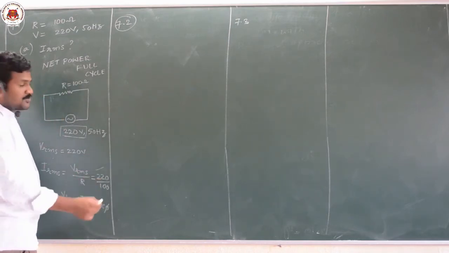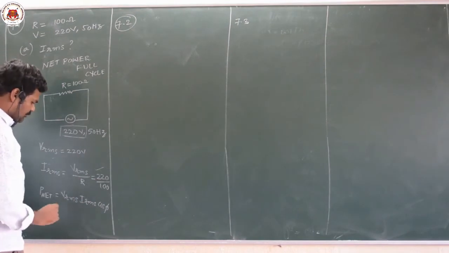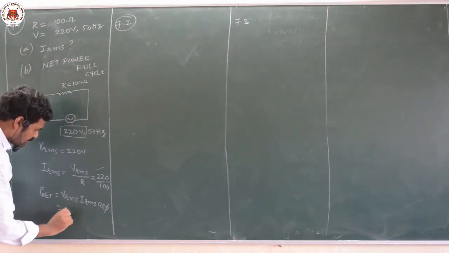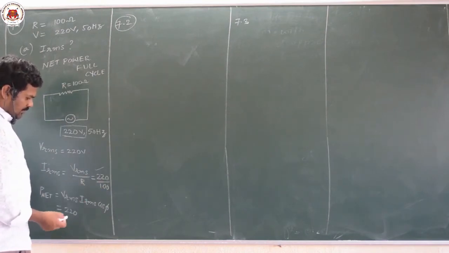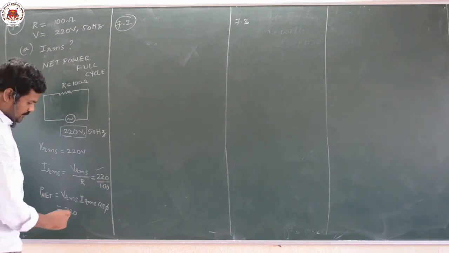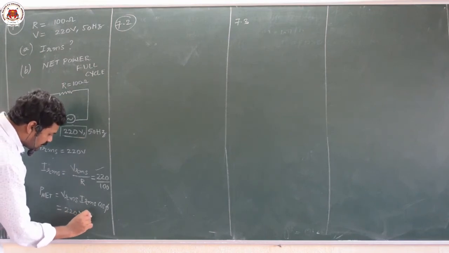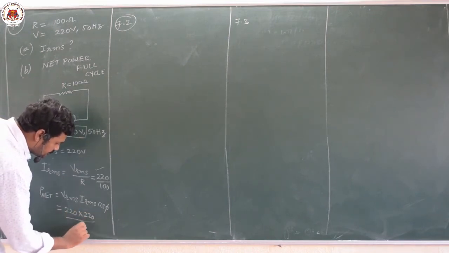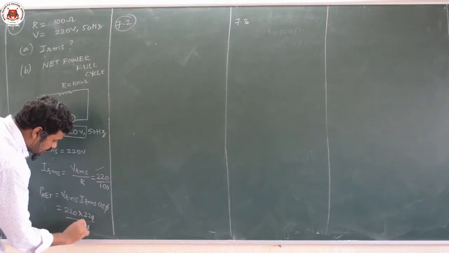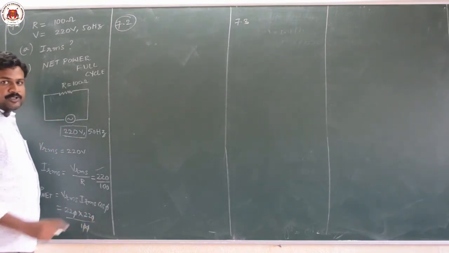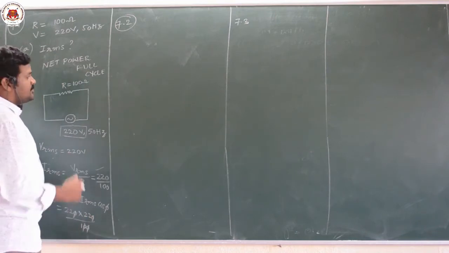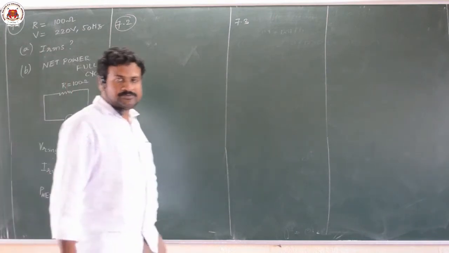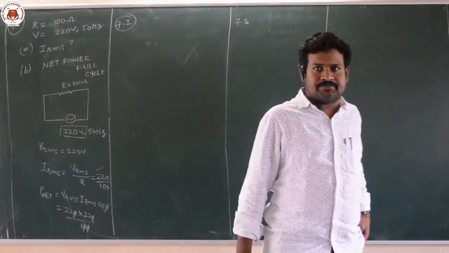VRMS is 220, IRMS is 220 by 100. That is 22 whole square. You multiply 22 with 22, you will get the answer. This is question number 7.1 in NCERT.